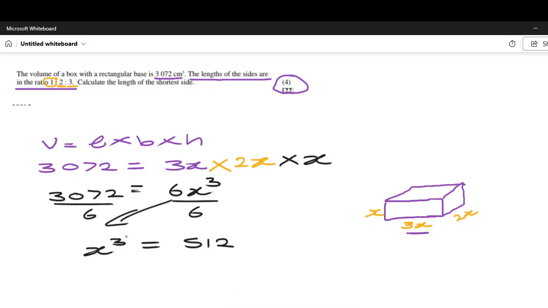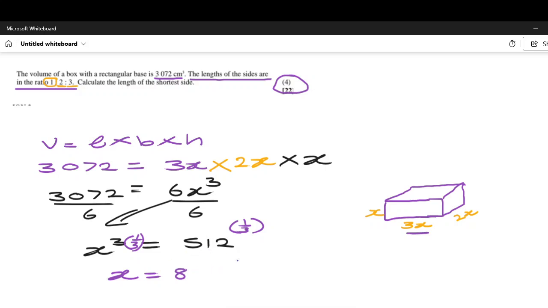If you understand your laws of exponents, you can multiply the exponent by 1 over 3. So x is equal to 512 to the power of 1 over 3, and you will get 8.